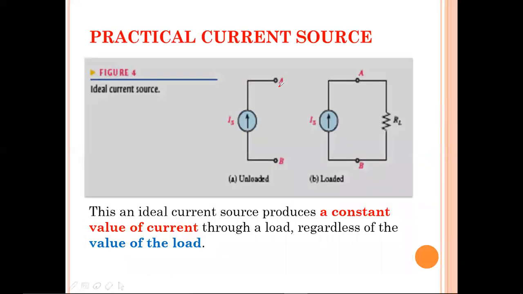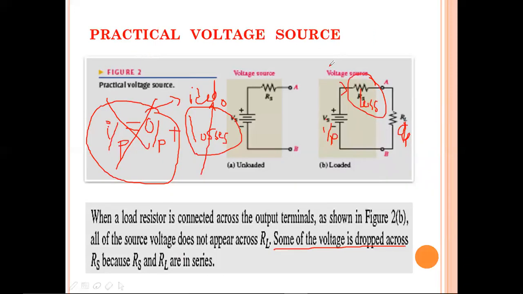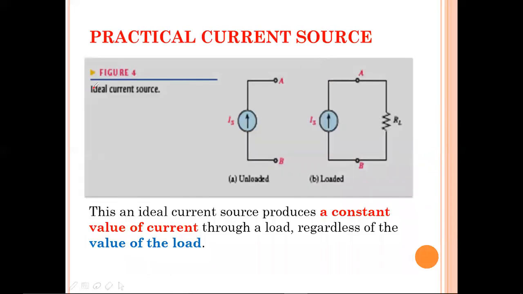About this slide. Next, practical current source. Already we observed the practical voltage source, and let me move to the practical current source. This is the practical current source. Let me observe the ideal current source first. In the ideal current source, the resistance RS between these two terminals is infinity, right?